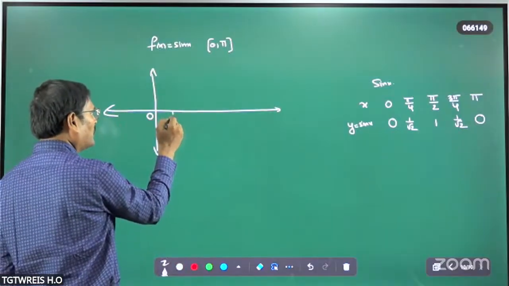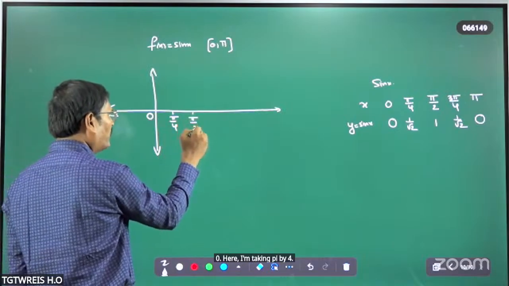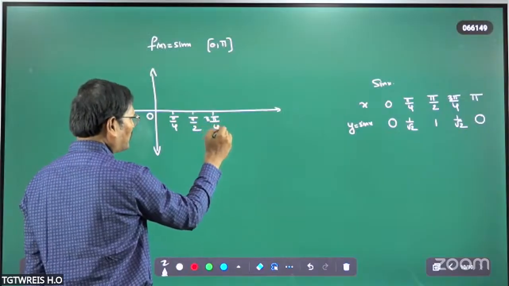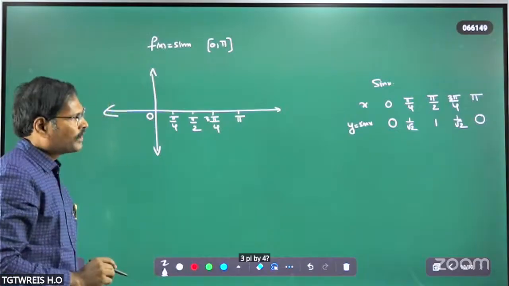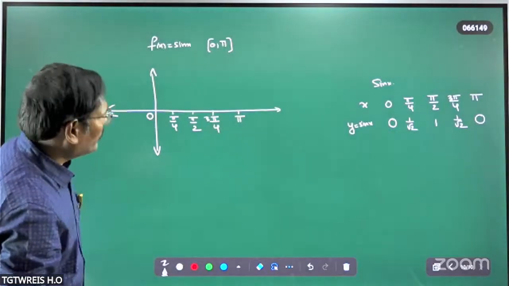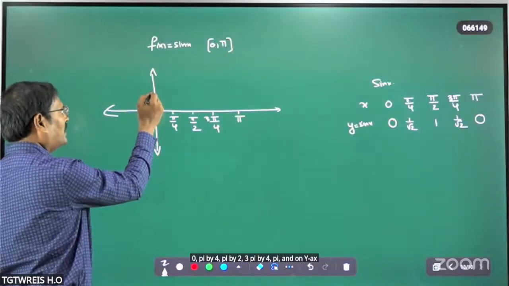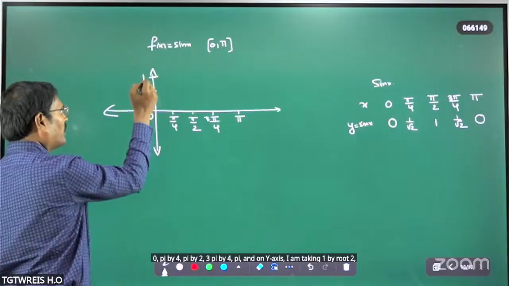Zero. Here I am taking pi by 4, pi by 2, 3 pi by 4, pi. On the x-axis: 0, pi by 4, pi by 2, 3 pi by 4, pi. And on the y-axis, I am taking 1 by root 2 and 1.